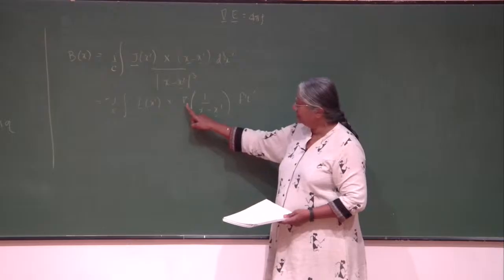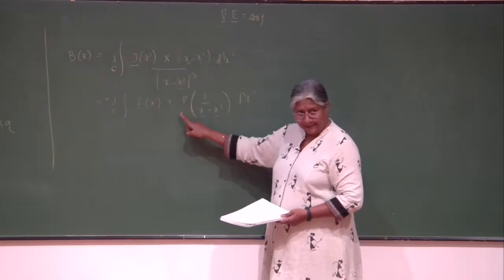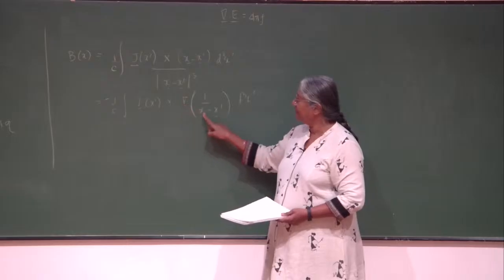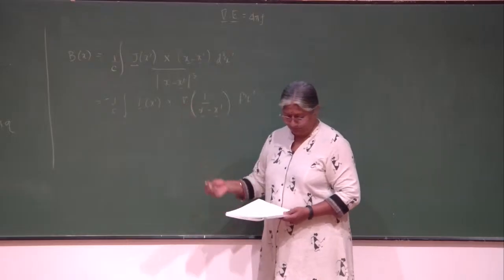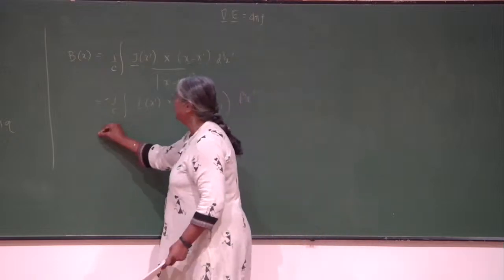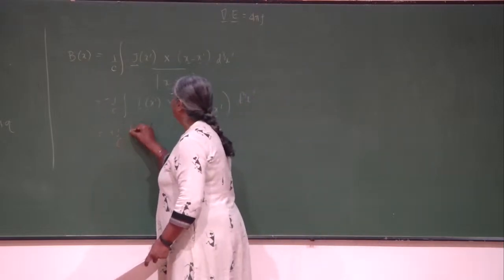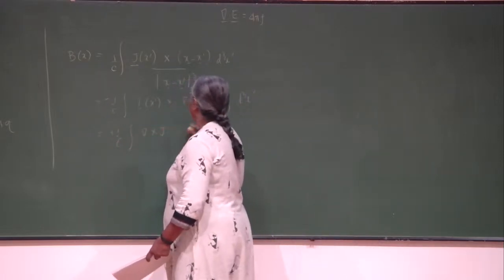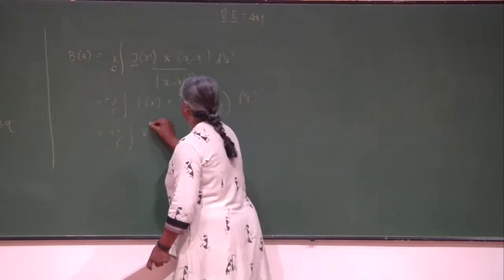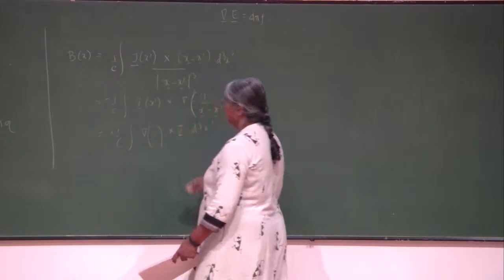I hope you can see that del prime of this is minus del of this, because this is x minus x prime, right? If you add del on this and del prime, it will act on this and give you minuses of each other, right? And I can remove the minus sign by putting, right? Del is acting on, right?